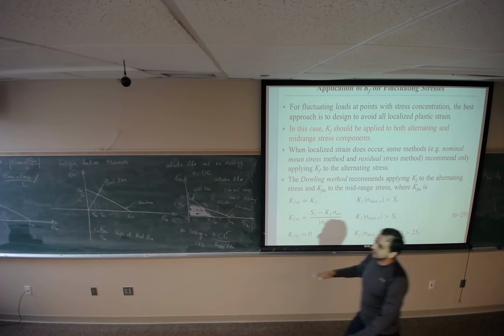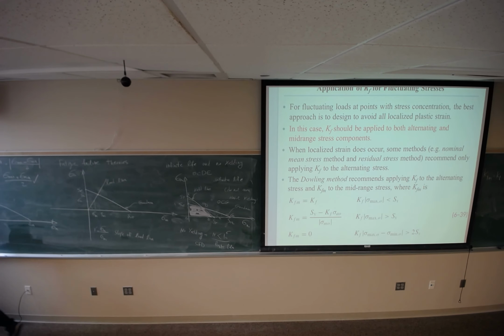Can you tell me what this straight line on the second quadrant means? It means no matter how much mid-range stress you have, as long as sigma A is less than SE, you have infinite life.